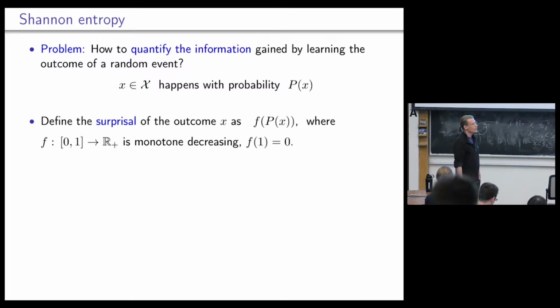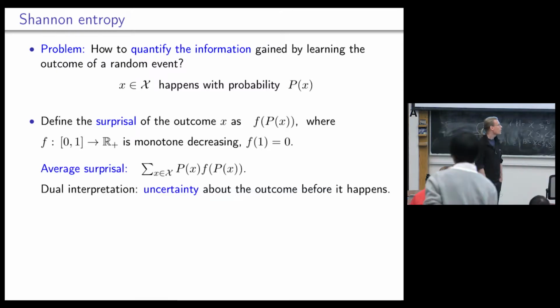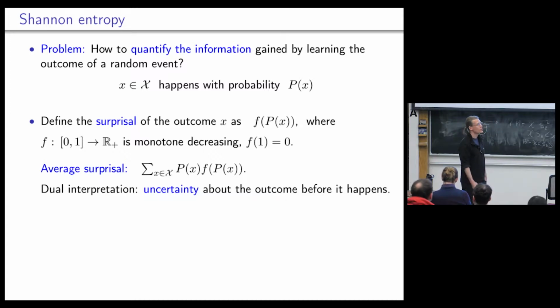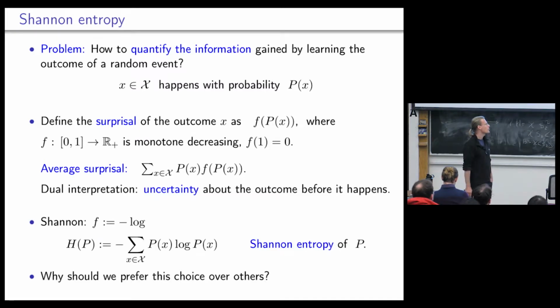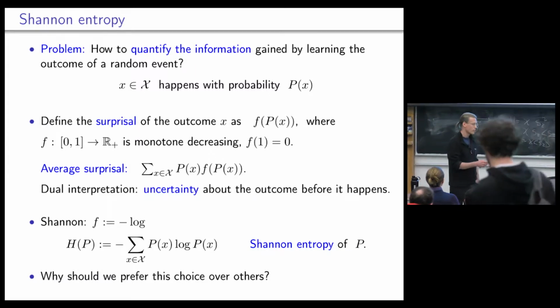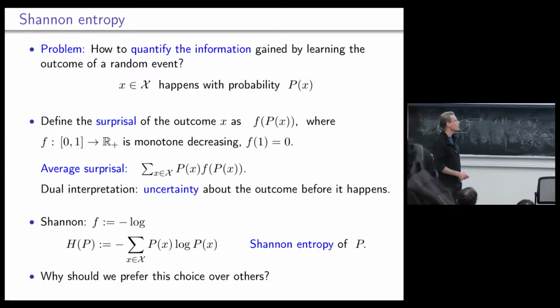And if the event happens with probability 1, then we are not at all surprised, so it should take the value 0. Okay? And for any such function, we can define the average surprisal with this formula, which we can also interpret in a dual way as the uncertainty about the outcome before it happens. Okay? And Shannon's proposal was to take f to be minus logarithm, which gives us this formula, which is the very well-known Shannon entropy formula.